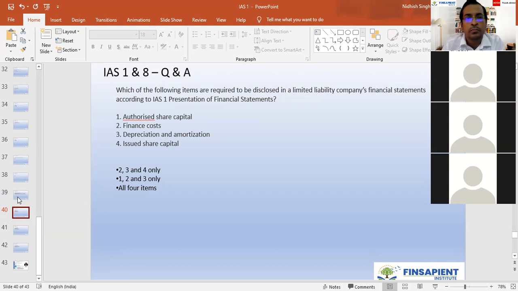All 4. Correct. Finance cost goes into the cash flow. Authorized share capital and issued share capital will be definitely in SCNA. Depreciation and amortization in the P&L.